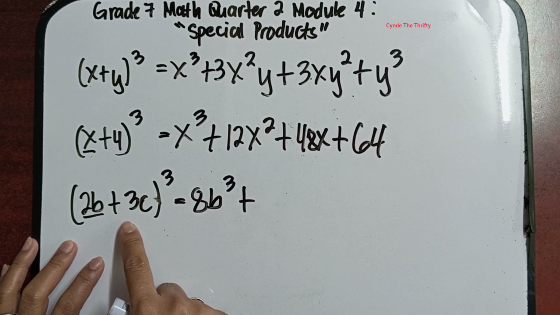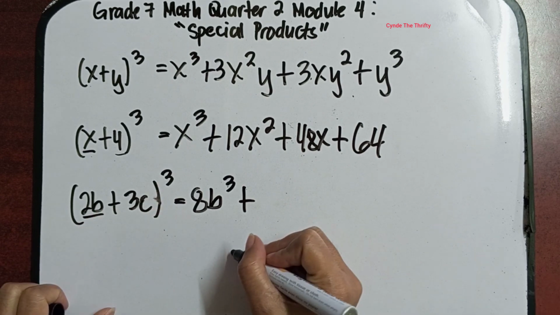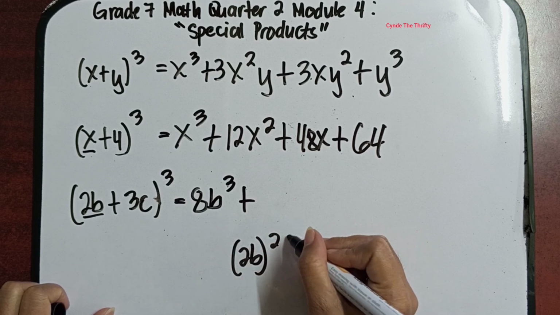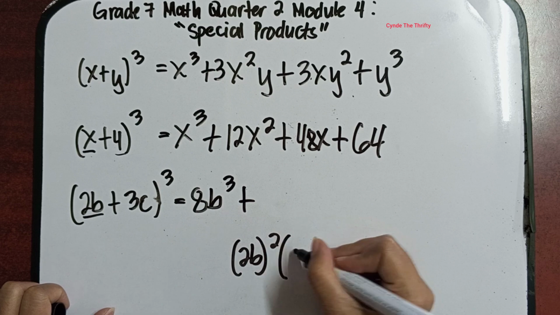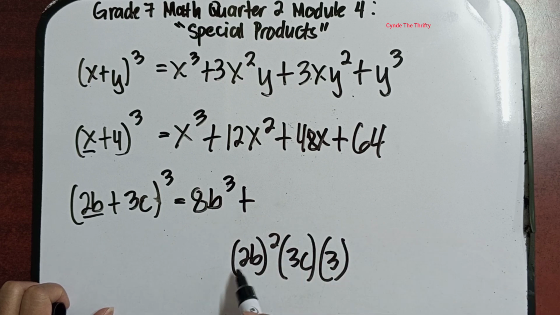Next is add the square of the first term. So i-add natin ang square ng first term times the second term. Ang second term is 3c times 3. Okay. So, add natin ang square ng first term times the second term times 3. Okay. So, 2 squared is equal to 4b squared multiplied by 3c.